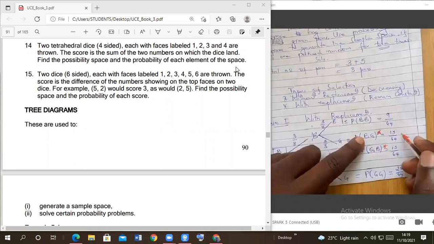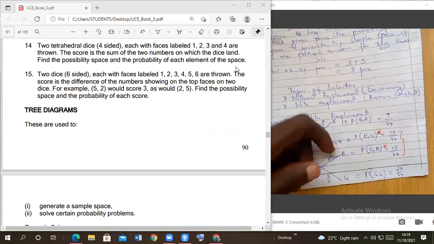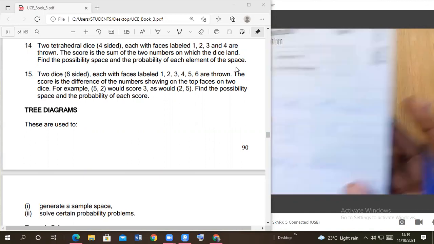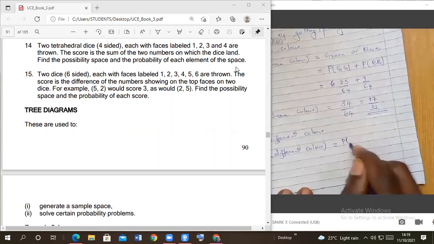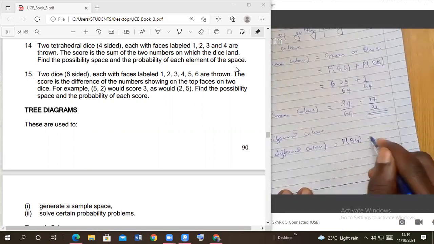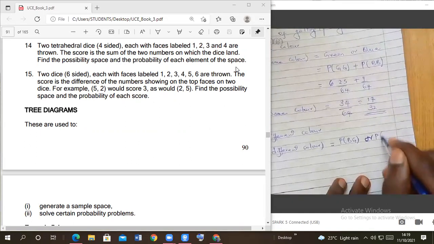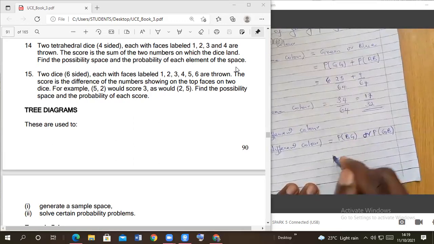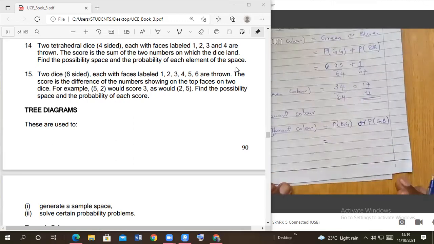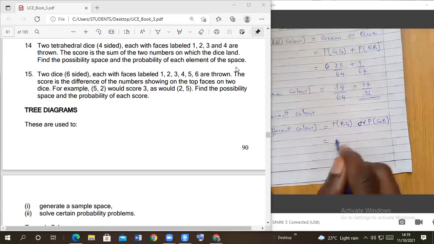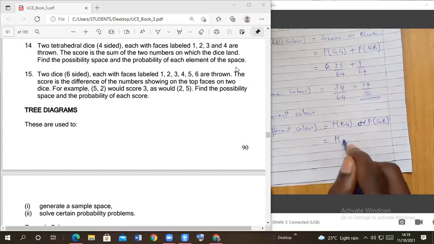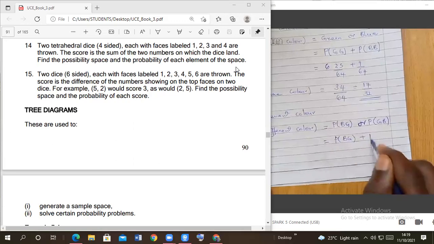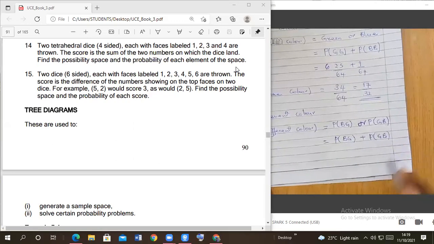So we are taking only these two. So it's going to be the probability of getting green and blue plus, or, green and blue. And we said or means addition.